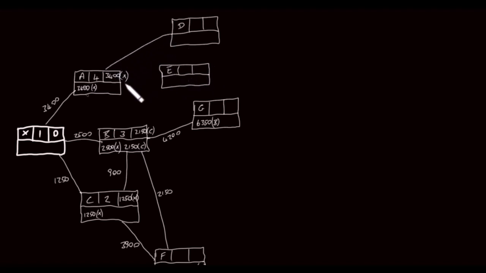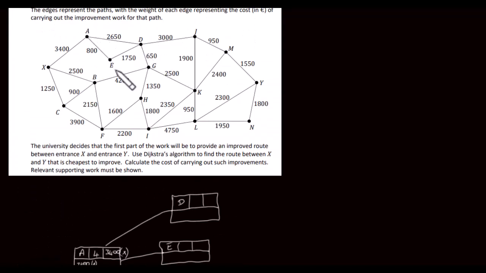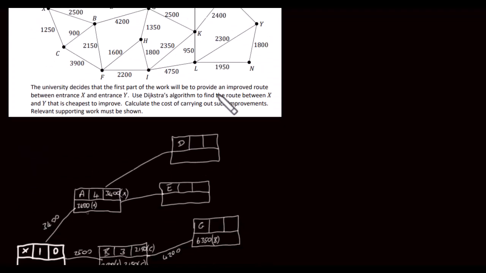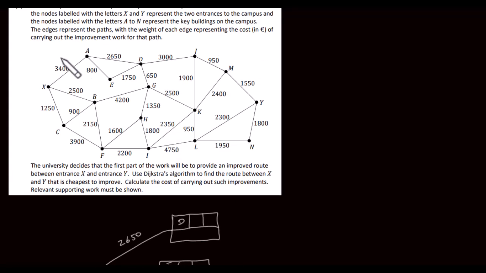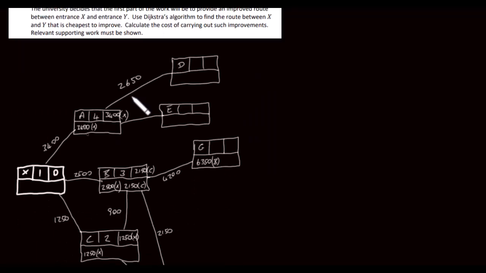And we need to connect these. So A is connected to D and E. So we've got 2650 here, and E is 800 here.